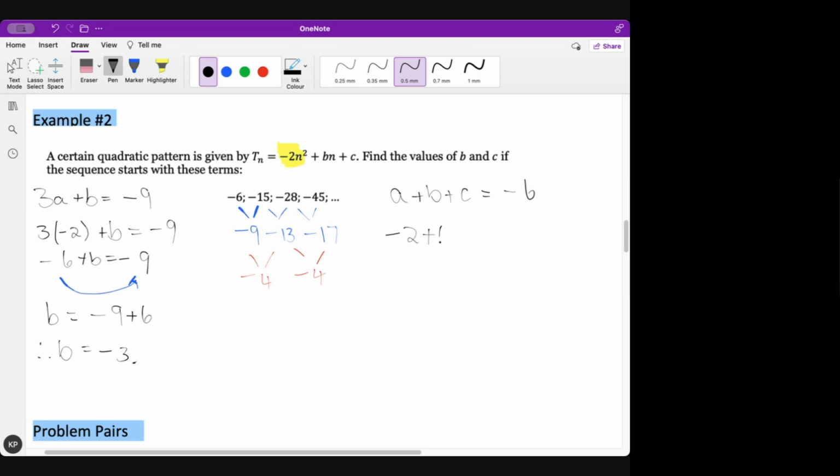You can still do the plus minus thing, but you know it's going to become a minus, right? Negative 3 plus c is equal to negative 6. So that means c is equal to negative 6 plus 5. How much is c? Negative 1. Lovely.